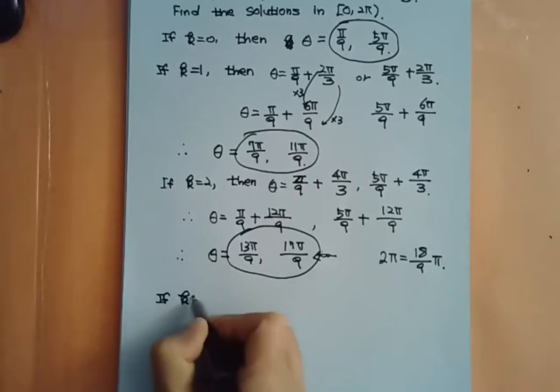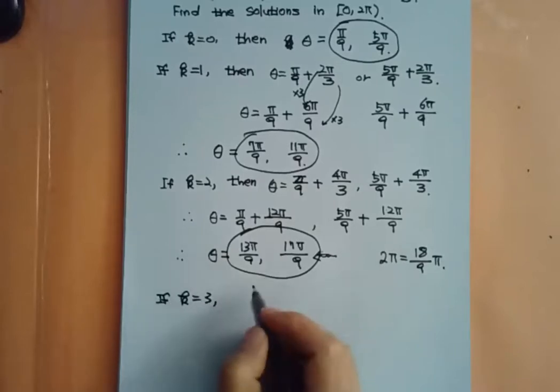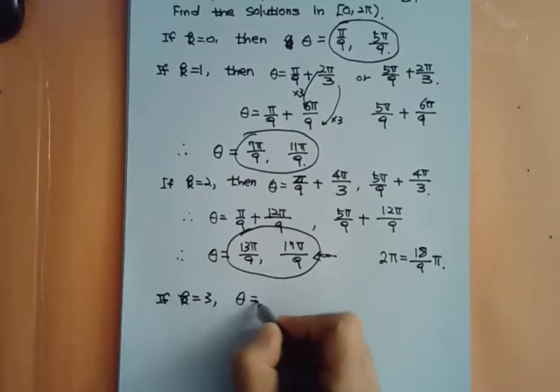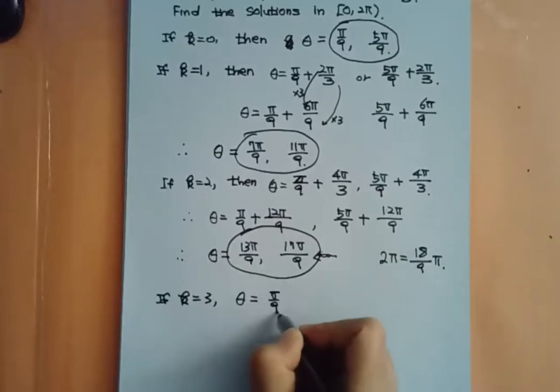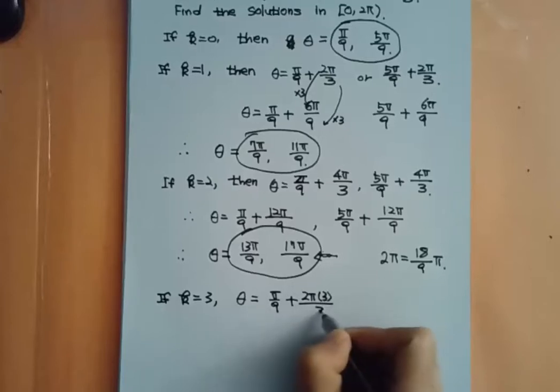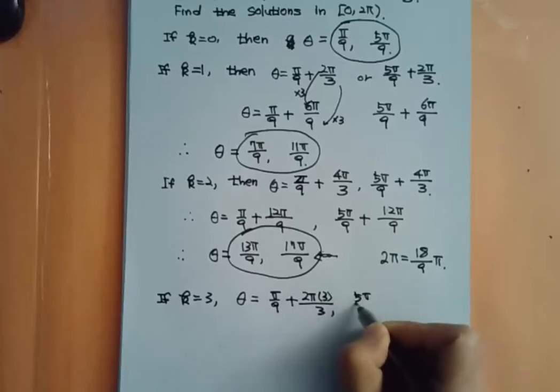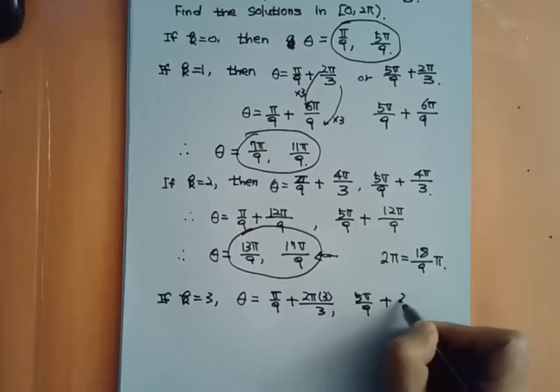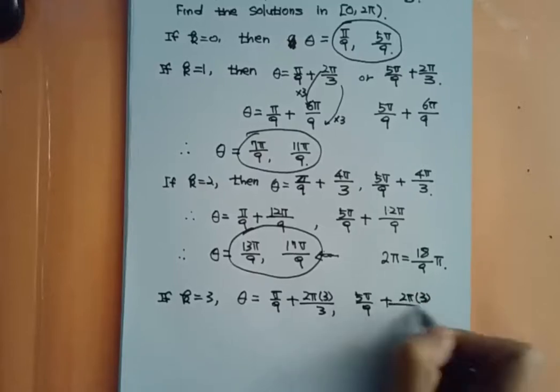If k equals 3, then theta will be pi over 9 plus 2 pi times 3 over 3 and 5 pi over 9 plus 2 pi times 3 over 3.